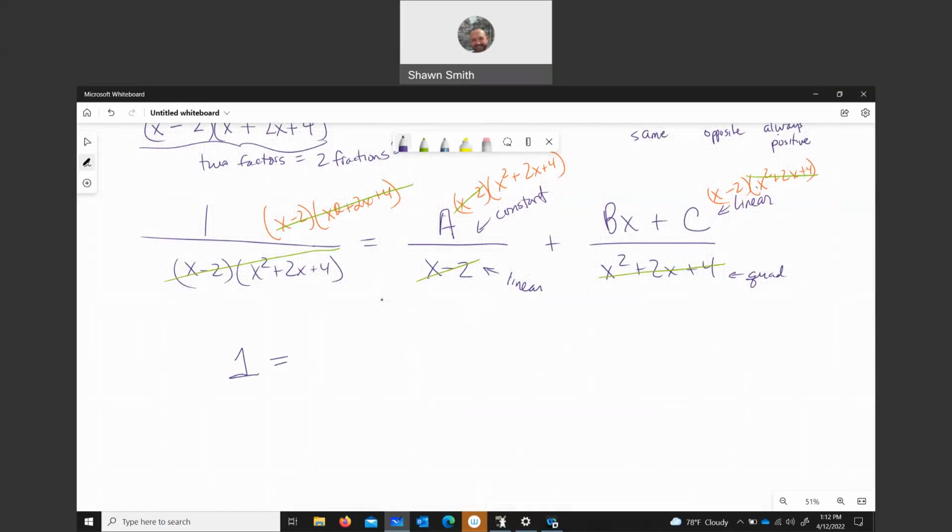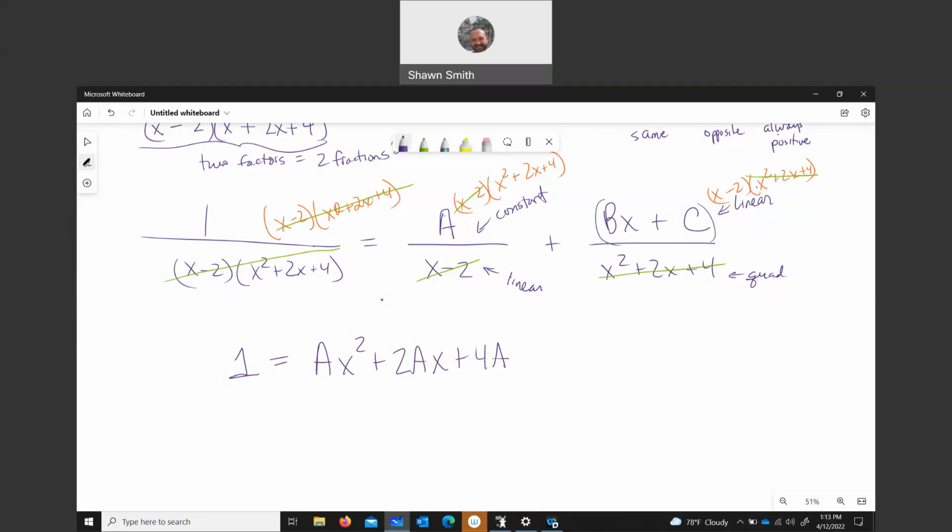Over here, a gets multiplied throughout the x squared plus 2x plus 4. So that'll give us ax squared plus 2ax plus 4a. And now we've got bx plus c. Watch out, this entire numerator is multiplied by x minus 2, not just the c. So you need to put parentheses around that.